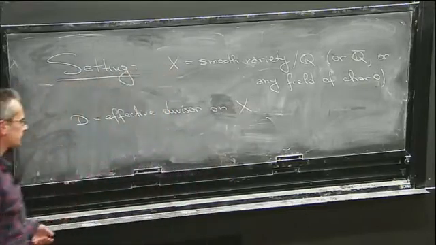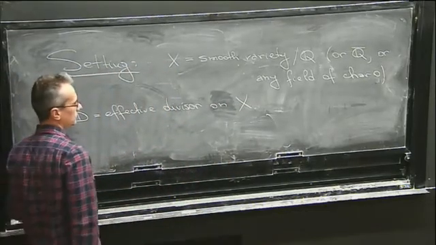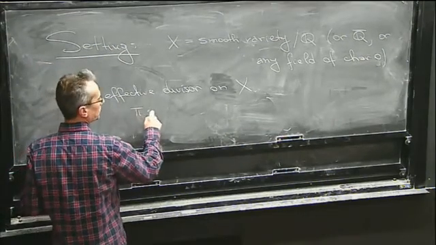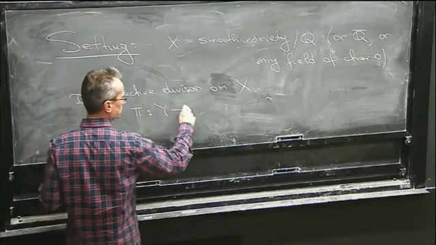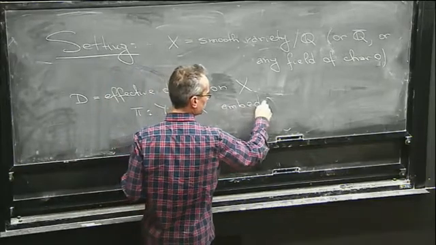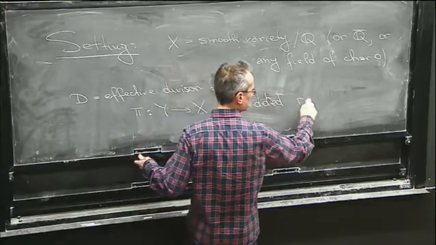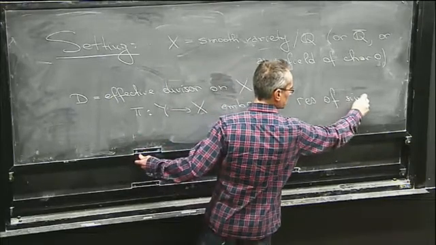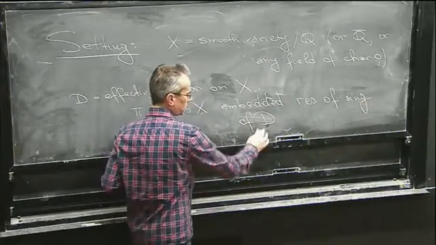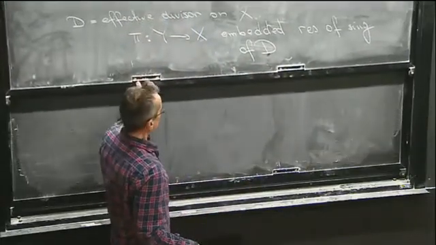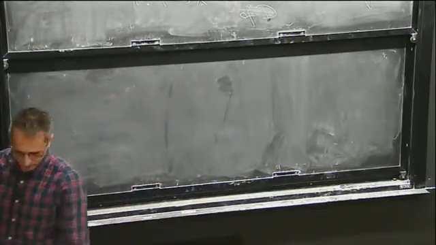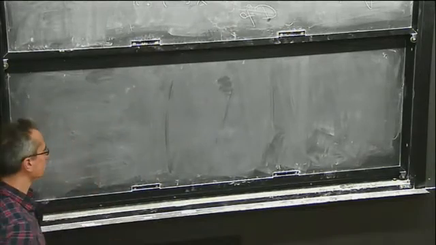All right, so we are in characteristic 0. I'm going to take one of these embedded resolutions of singularities. So let's say π from some Y to X is an embedded resolution of singularities of D that showed up in Rob's talk. And then once I have this picture in characteristic 0, I can compute, for example, the log canonical threshold, but also these other invariants that have not been defined and which I'll explain later, the multiplier ideals.